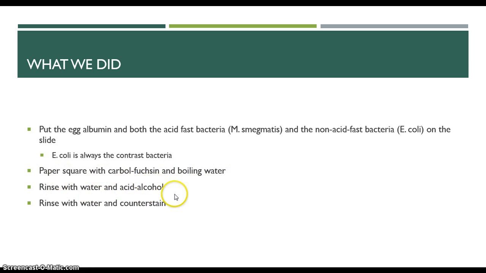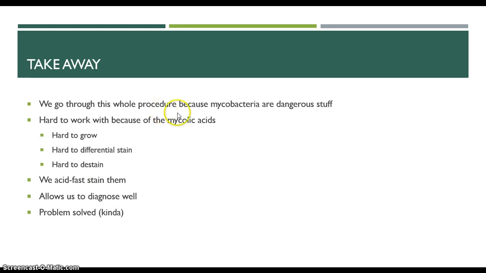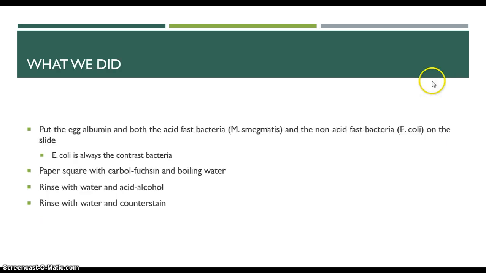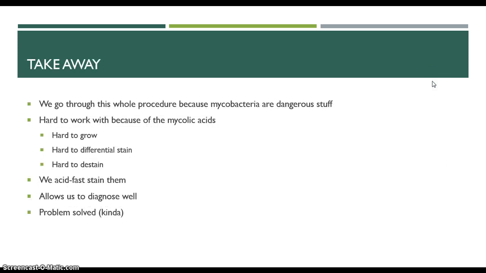So we rinse with water and acid alcohol, and then we rinse with water, and then we counterstain it with methylene blue, and then we got something that looked like this, and we see that this is our red acid-fast bacteria, and this is our blue non-acid-fast bacteria. In our case, it'd be E. coli. And so there's another picture in your lab manual of the acid-fast stain, just at the beginning of the chapter, page 59.